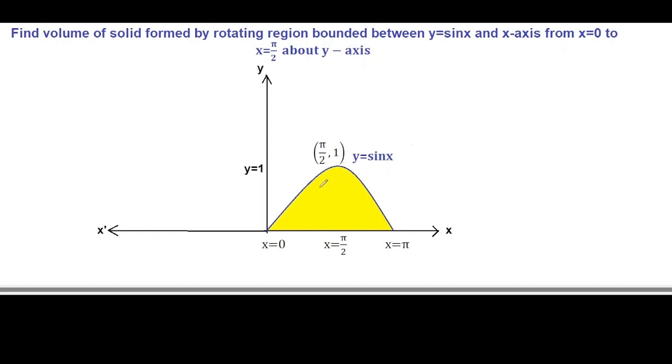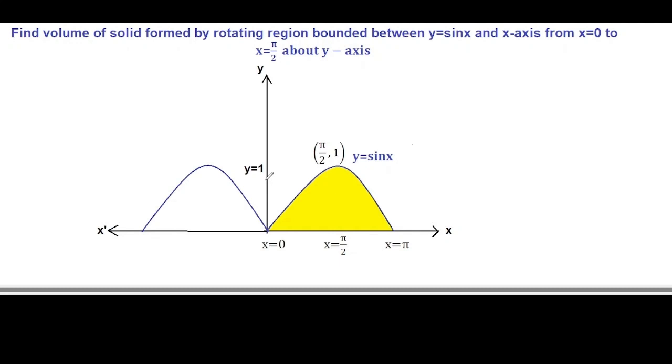Now this region is rotated about the y-axis to create the solid. To create the solid, we need to draw the image of this curve about the axis of rotation. Here the axis of rotation is the y-axis. So first, the image of the curve y equal to sin x about the y-axis.